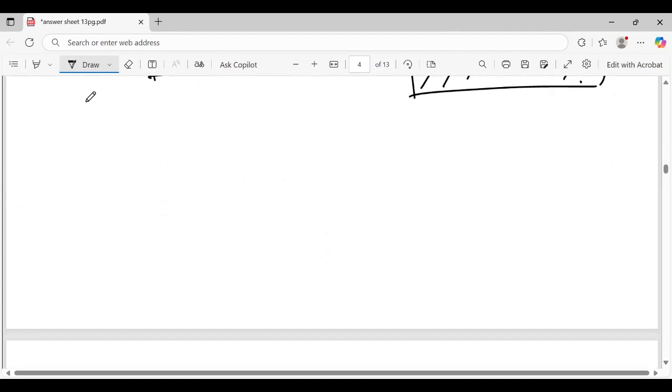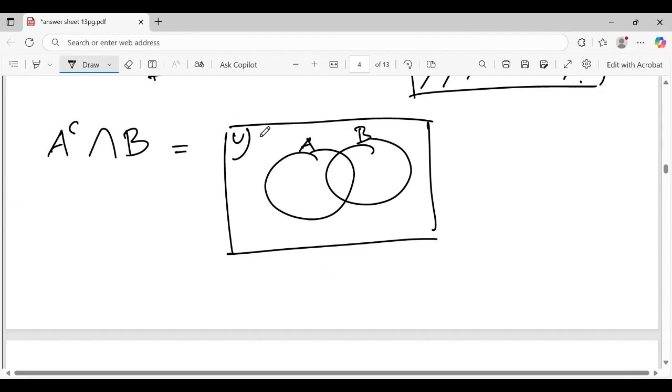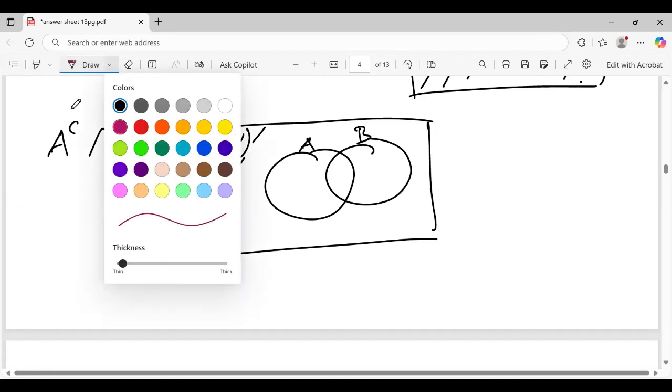How about the Venn diagram of A complement intersection with set B? So the Venn diagram is like this. Okay. See first. This is set A, set B. So A complement means all elements outside of A. I'm going to use a different color.